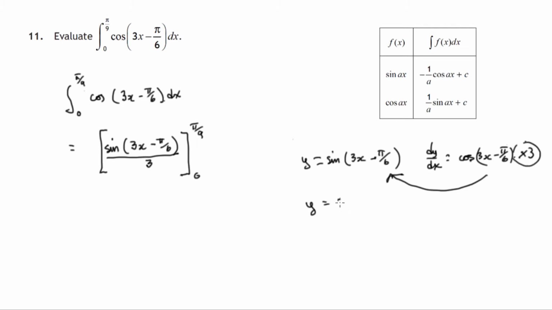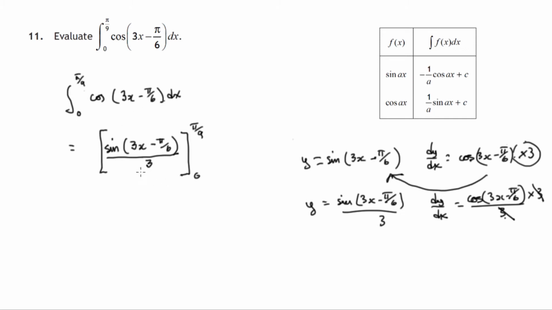So let's just double check that. It's getting slightly more complicated now. But if we differentiate that, then we'll get the cosine of 3x minus pi upon 6 times 3 from the chain rule, and there was a 3 sitting there which cancels that, and so we'll get our cos of 3x minus pi upon 6.